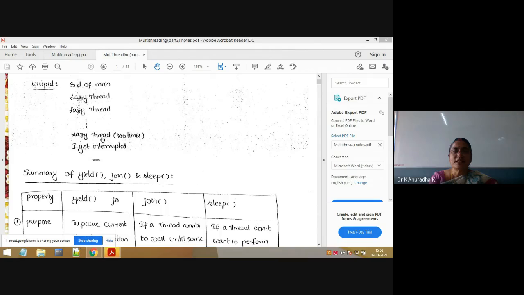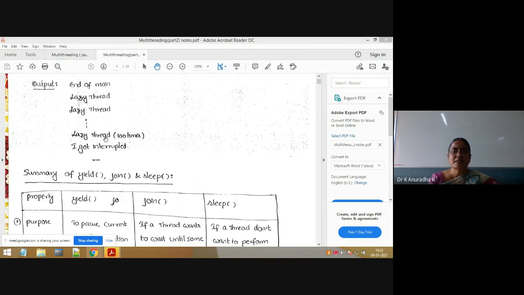Only after the complete execution of the for loop do we have Thread.sleep. Whenever you write Thread.sleep, the child thread will enter into the sleeping state. Thread.sleep means the thread will go to the sleeping state.